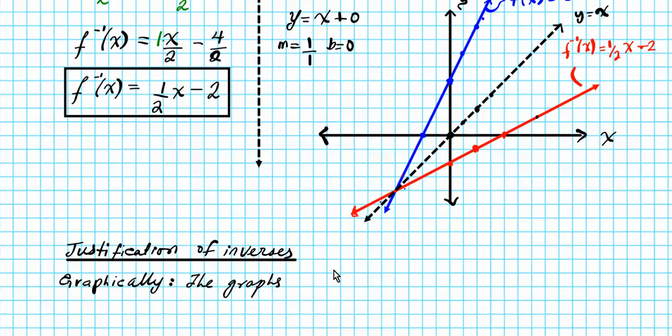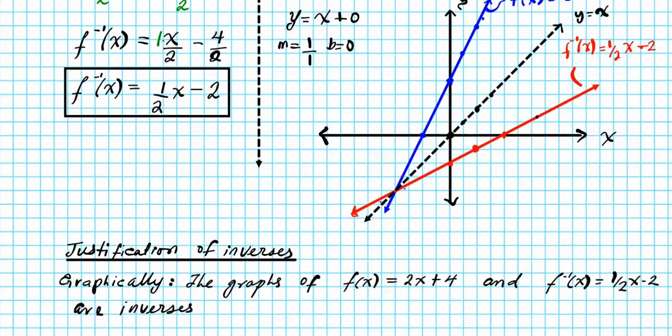Graphically, you can state that the graphs of f of x equals 2x plus 4 and f inverse of x, which is equal to 1/2 x minus 2, are inverses. Why?